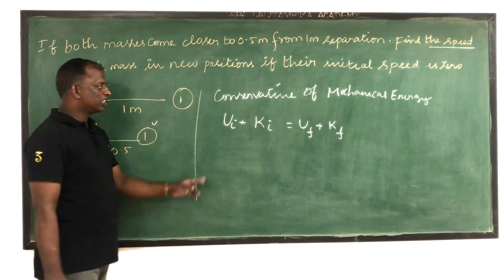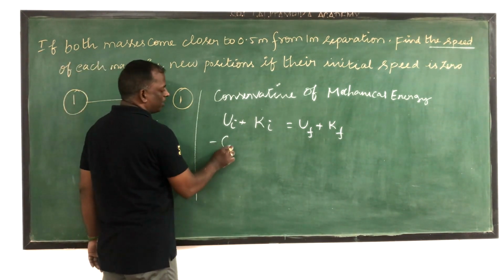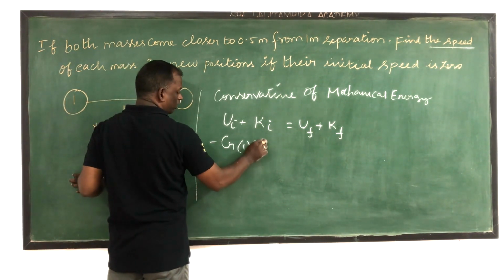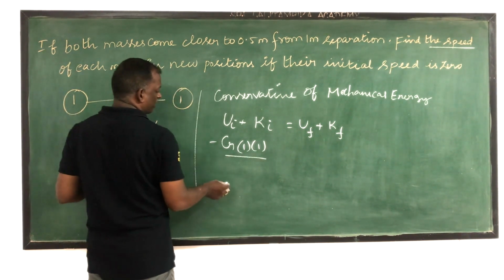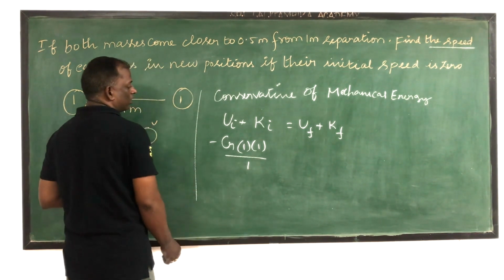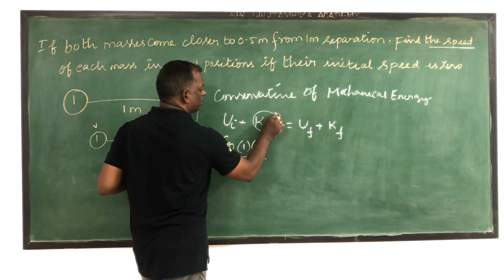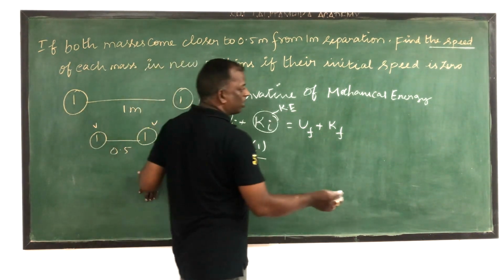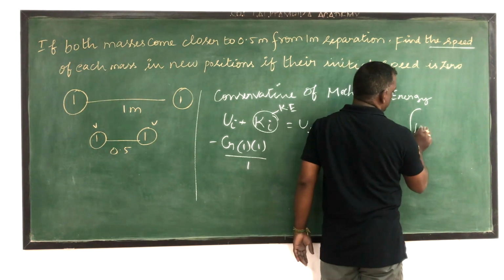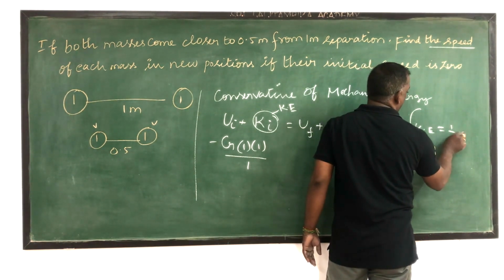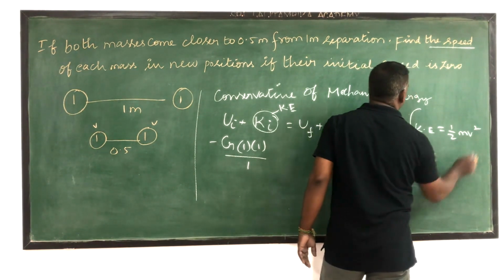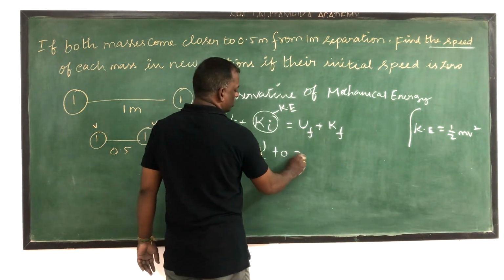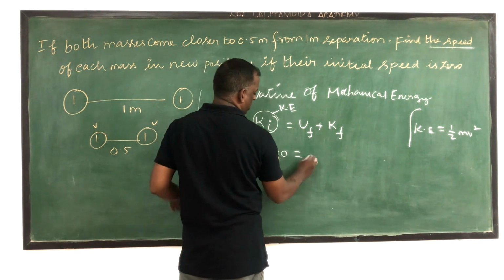So what is the initial potential energy? It is minus G times 1 into 1, the masses, divided by the separation of 1 meter. The kinetic energy formula is half mv square. Initially there is no kinetic energy, so we put 0. What is the final potential energy?